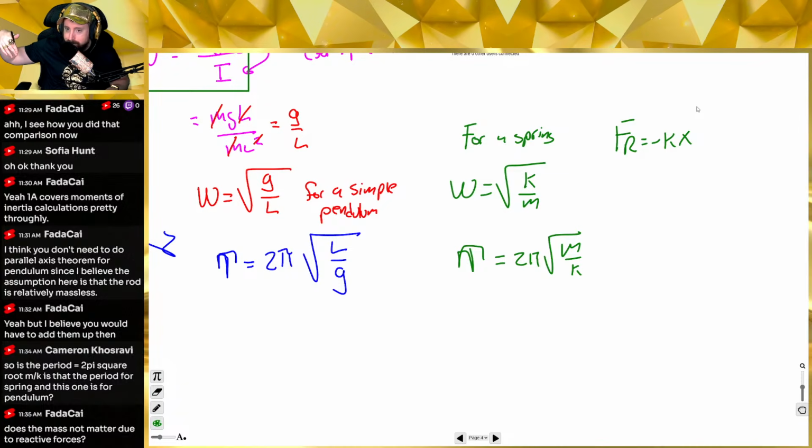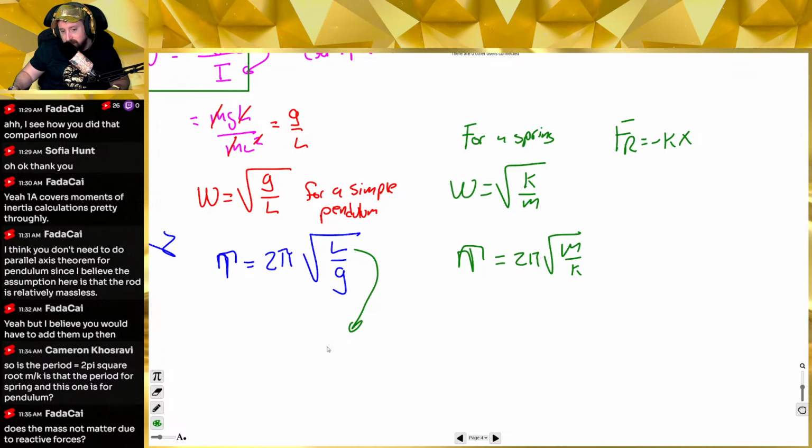Yeah. So it's cool. If your restoring force depends on mass, then your omega and your period are independent of mass. But for a pendulum, the mass term is kind of like what we call rotational mass, because it's inertia, and inertia in this case is very dependent on how far away you are from your rotation point.